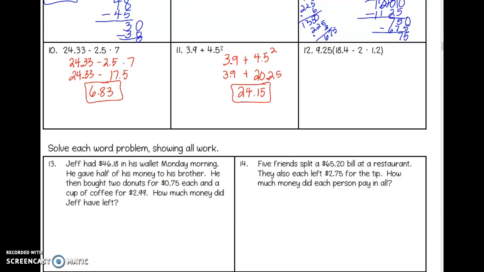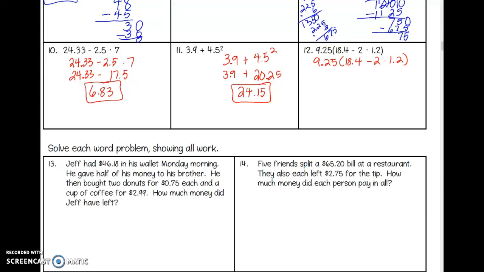All right, go to number 12 and rewrite your problem. Make sure you rewrite it correctly. Okay. Order of operations, what am I going to do first? Parentheses. So within my parentheses, I start order of operations over again.